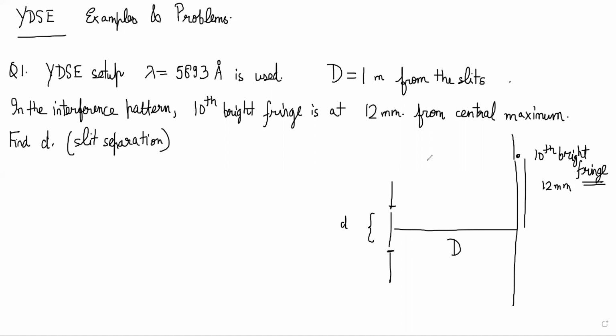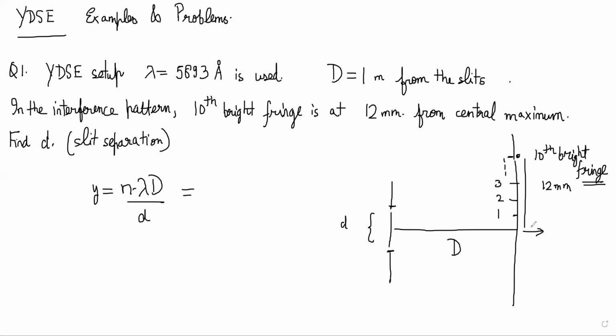So how would you do this? You know the position of each bright fringe, right? So you have y is equal to n lambda capital D by small d, right? And this n is 10, that is the 10th bright fringe. Notice that the central one is not counted. This one is first, this is second, this is third, like that.